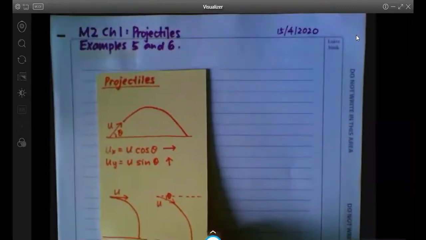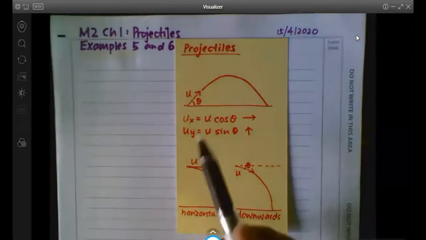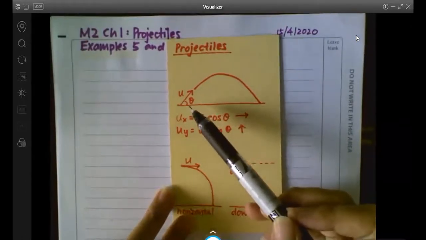Today we will talk about M2 Chapter 1 Projectiles, Examples 5 and 6 on your notes. In the previous lessons, we have talked about what projectiles are. The projection would give you an initial speed at an angle, and they will tell you the angle.